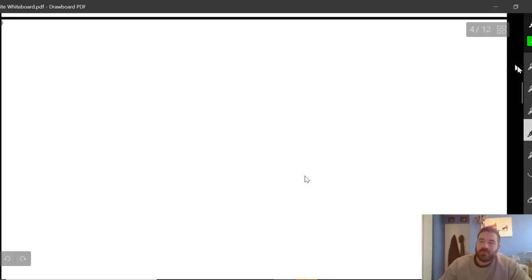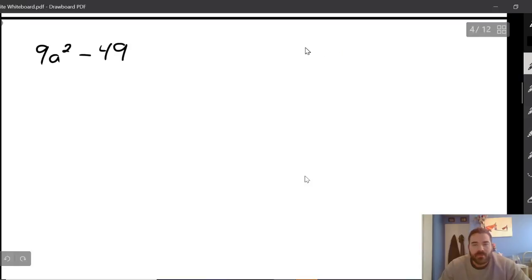All right, so let's do a couple examples. Let's do a difference of squares. So let's make it 9a squared minus 49. And then let's do a perfect square trinomial. I'll make it simpler.